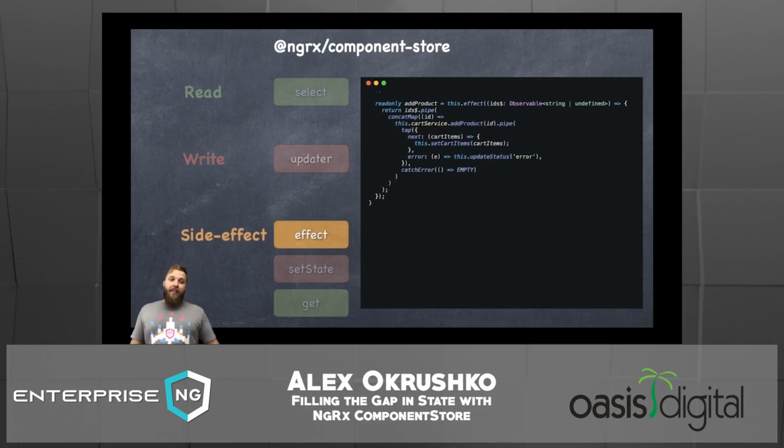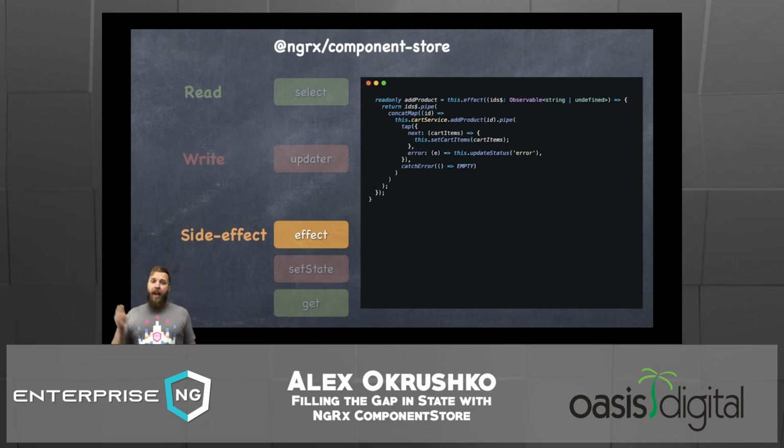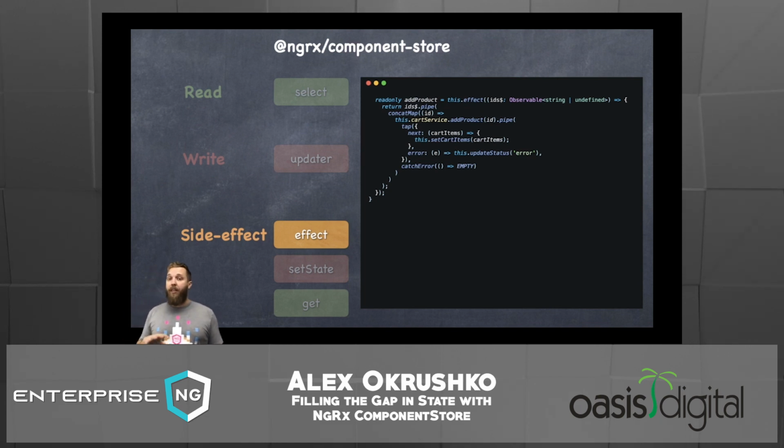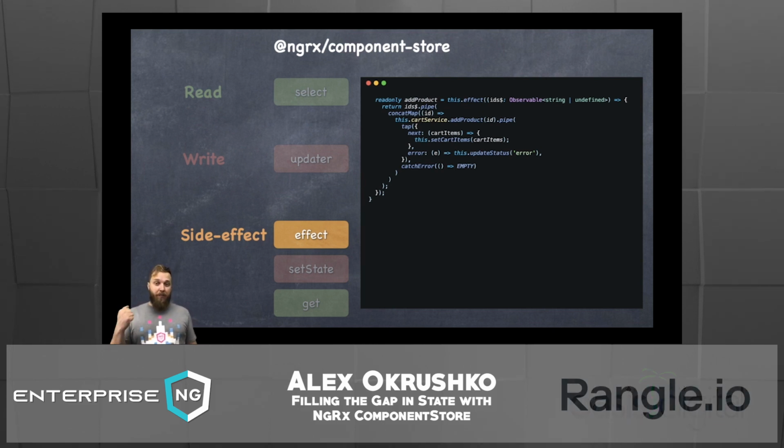And finally, the side effect. In this case, it's addProduct. It's also a callable property, which we pass values into. So every time we want to add a product, we'll call addProduct and pass a single value into it, for example, a single string, a single ID. But what the effect does is orchestrate how we work with that incoming stream of IDs. That's why we work with observables. So notice the IDs is an observable.